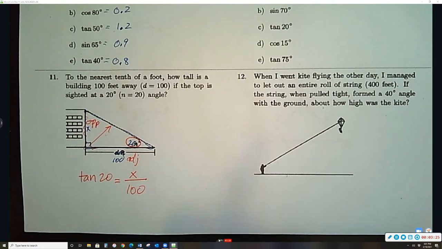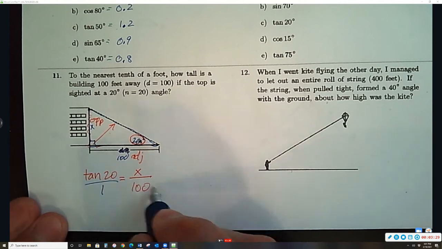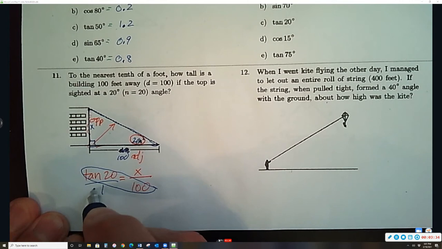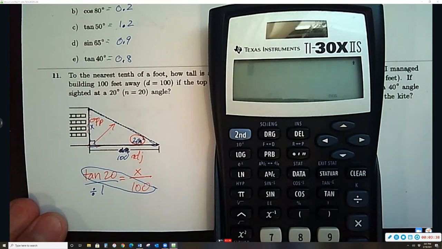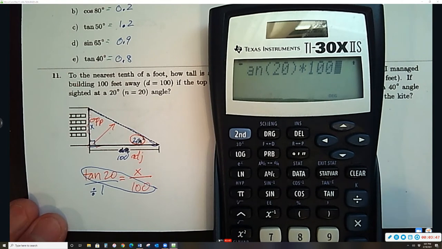And then to solve it, super simple. Remember, put a 1 under here, cross multiply these two numbers, divide by that third outside number, and then that gives you x. So again, tangent of 20 times 100. And technically you could put divided by 1 in there.